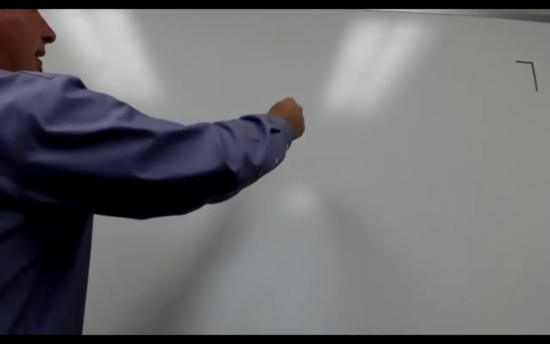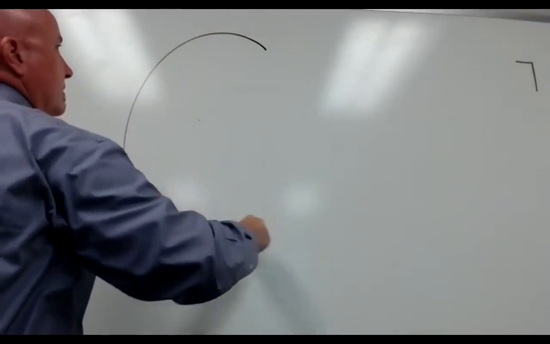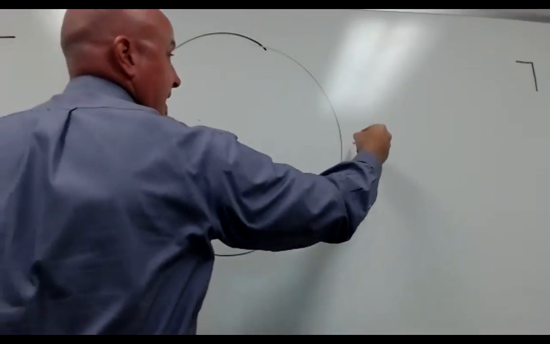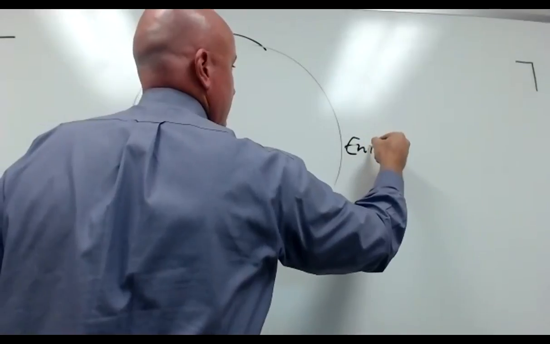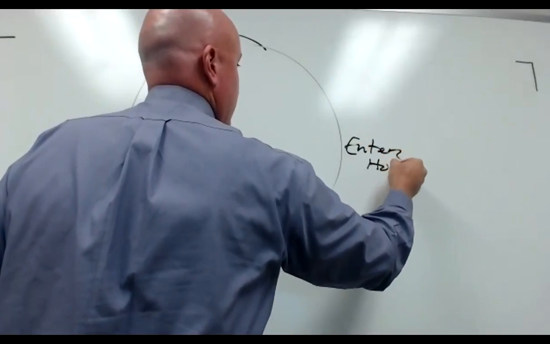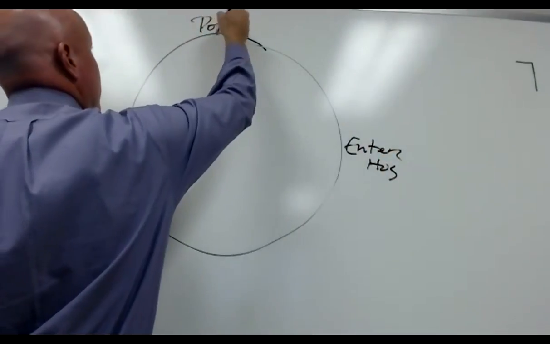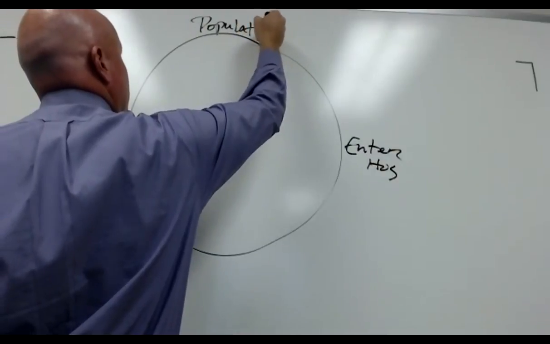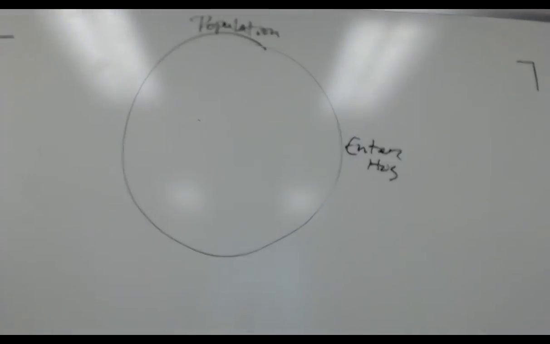So my population is going to be everyone entering the hospital. Now, is it realistic to say that I could go out and pull every single person entering the hospital and pull them out?